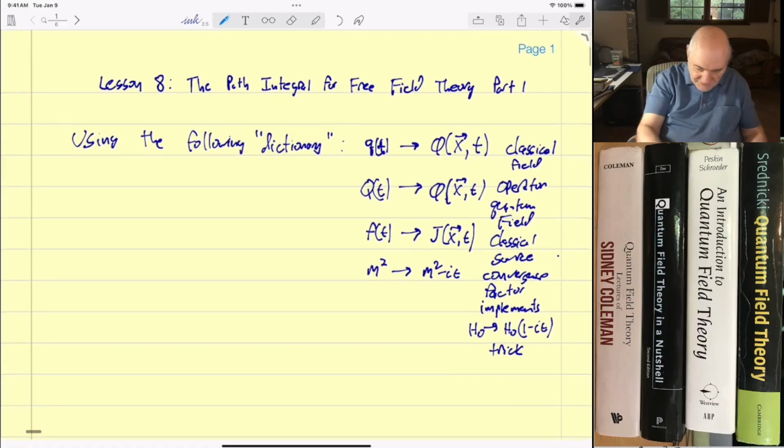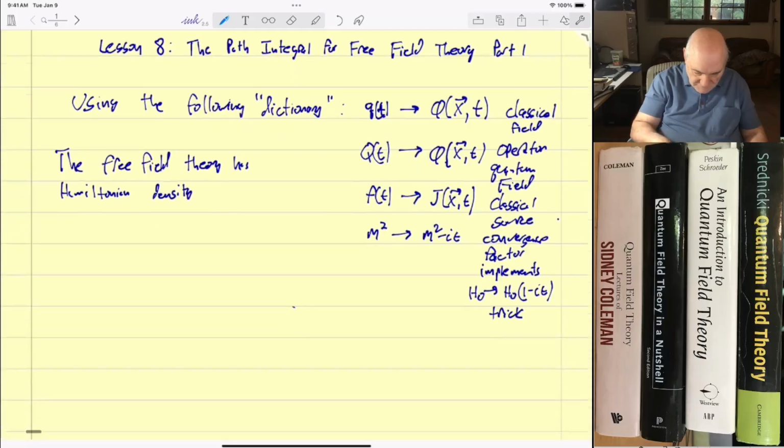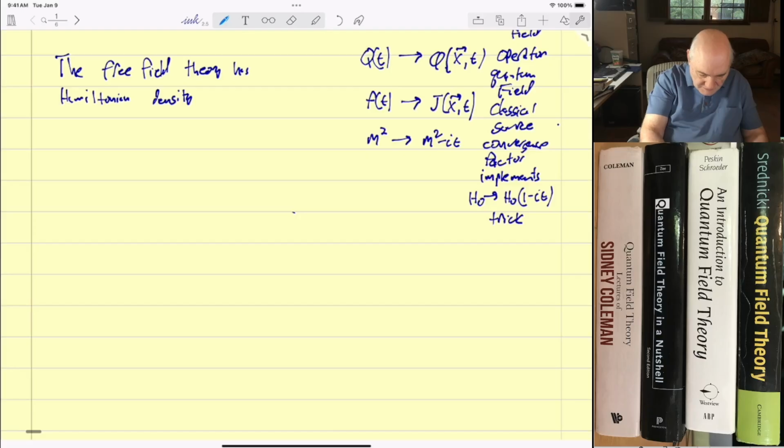Now the free field theory has the Hamiltonian density, which we've seen earlier.